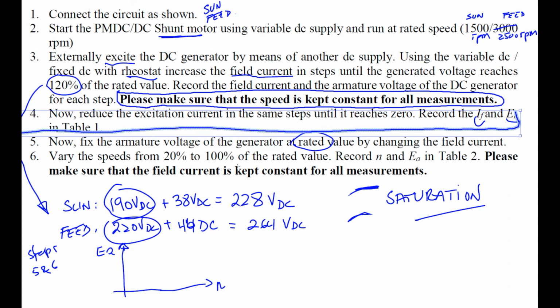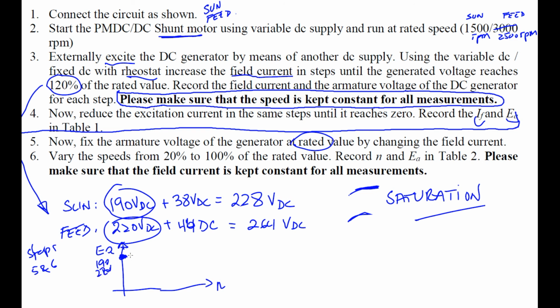So we increase the current till we reach that, with the speed kept at zero at the beginning. We start from that point: 190 for sun and 220 volts for feedback.